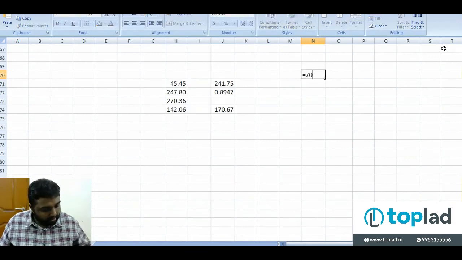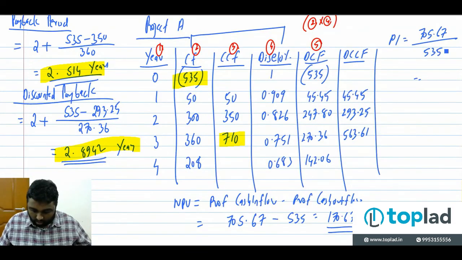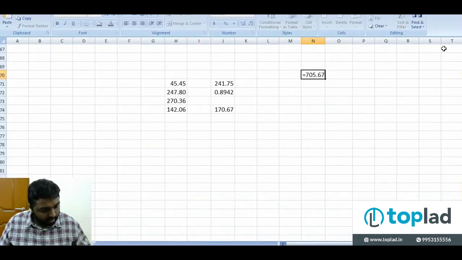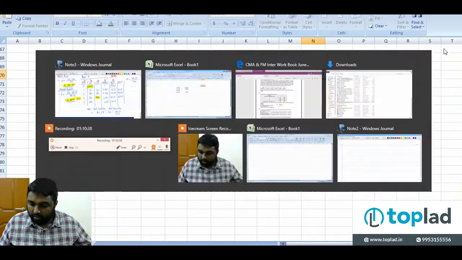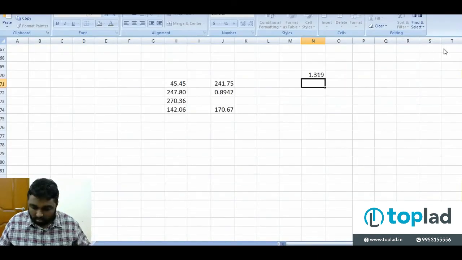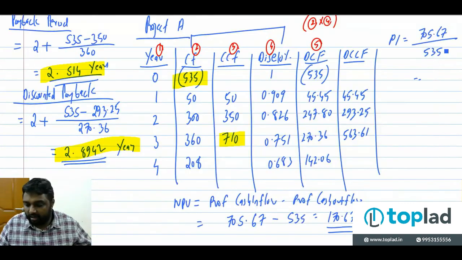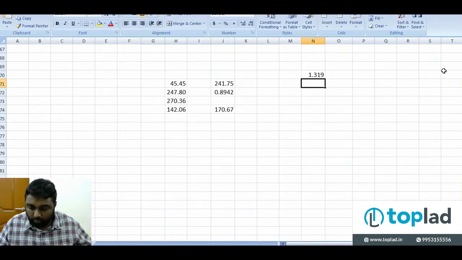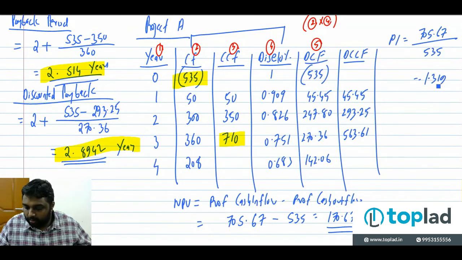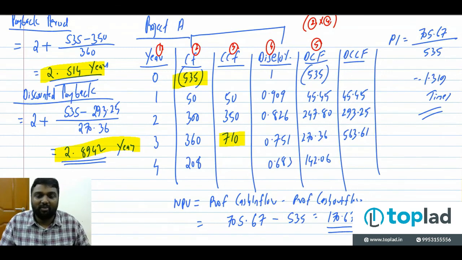So 705.67 divided by 535 is 1.319 times.